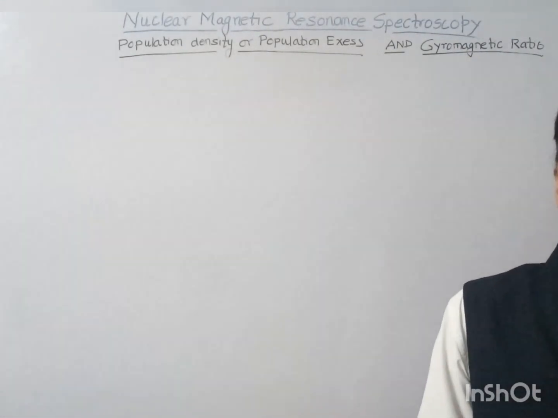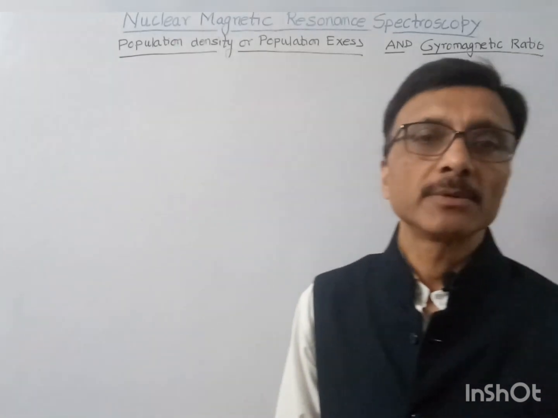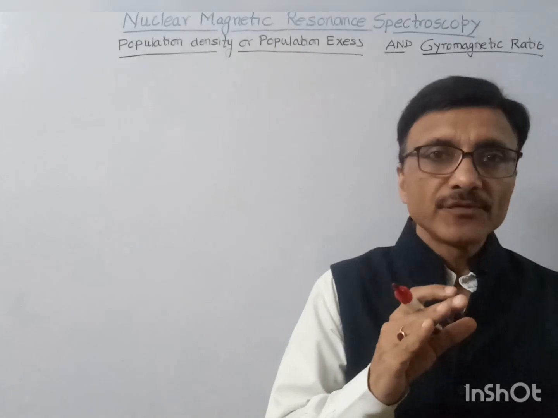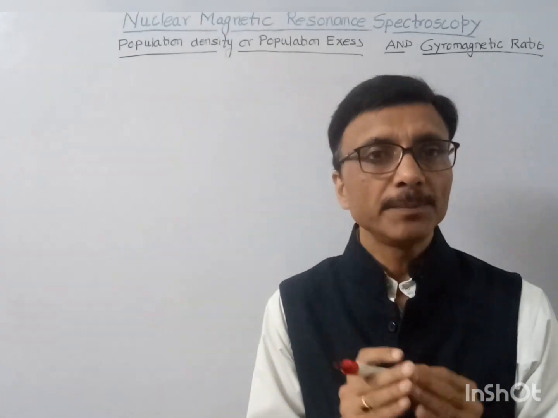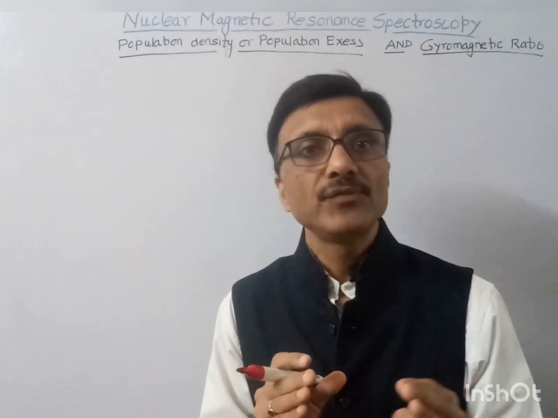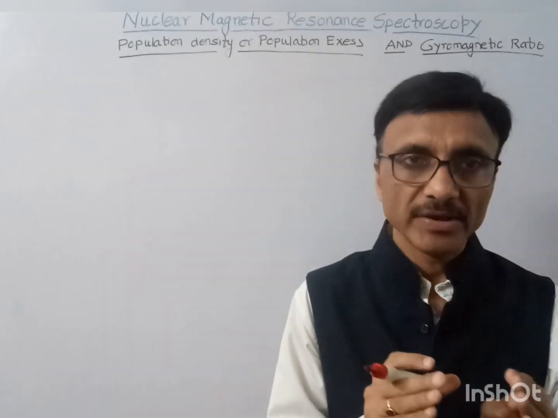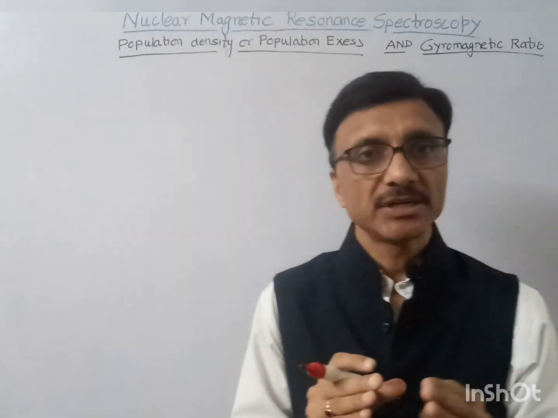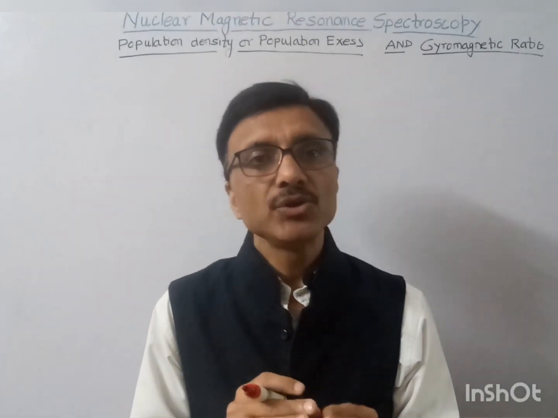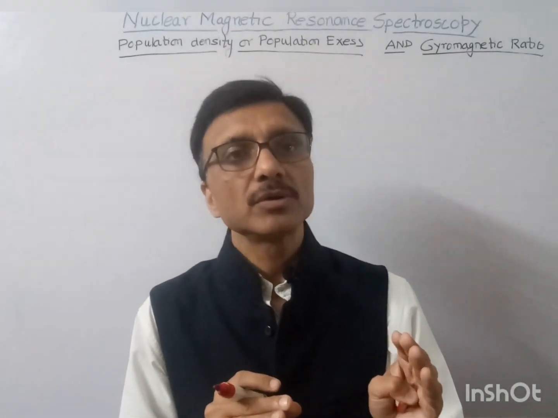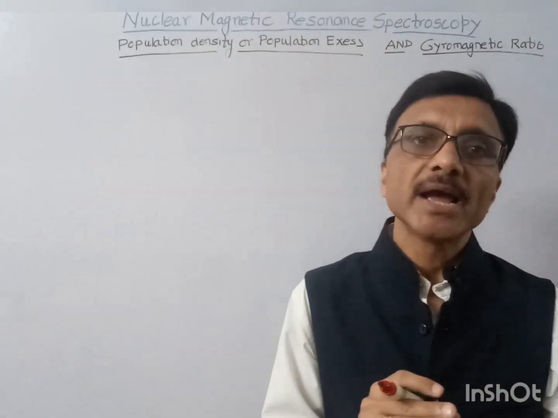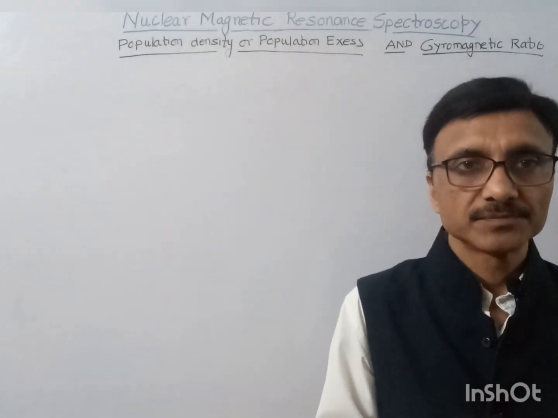In my previous lecture, I told you that when the precessional frequency of nuclei becomes equal to the frequency of radio waves, then absorption of radiation takes place and the nuclei will undergo transition from lower energy state to the higher energy state, and we get the NMR signal.